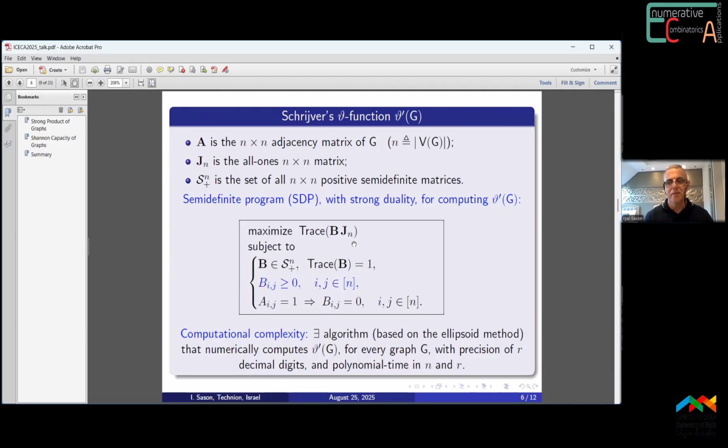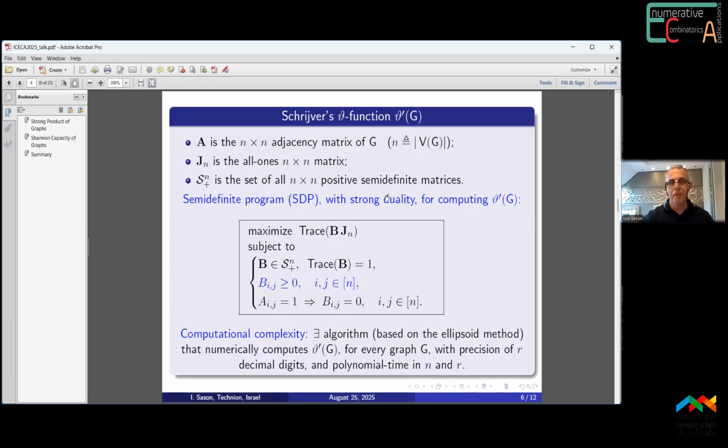Since the Shannon capacity and the Lovász theta function are not necessarily identical, but the Lovász theta function is an upper bound on the Shannon capacity, there is another variant of the theta function due to Schrijver, called Schrijver's theta function, and we denote it by theta prime of G, in contrast to theta of G, that is the Lovász theta function.